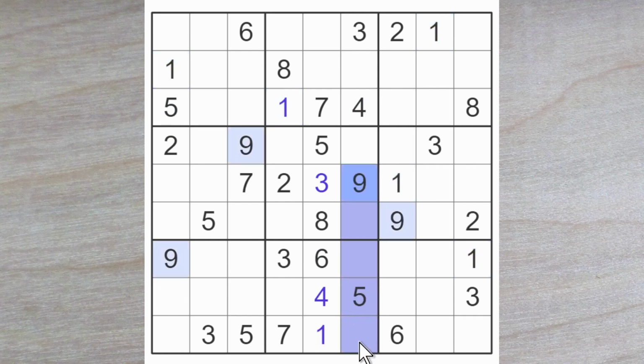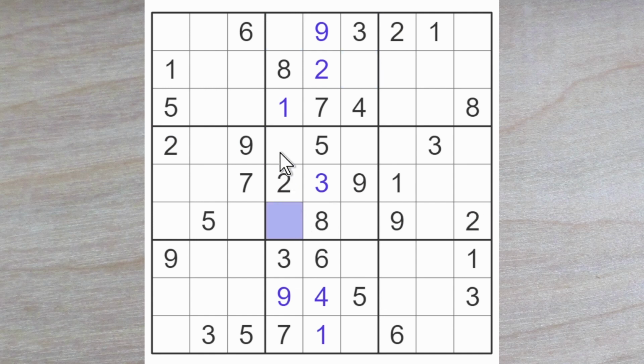We got a 9 blocking down now, so here's a 9. These two squares must be a 9 and a 2. The 2 blocks over, so 2 goes here and the 9 here. And these two must be a what? A 6 and a 5.